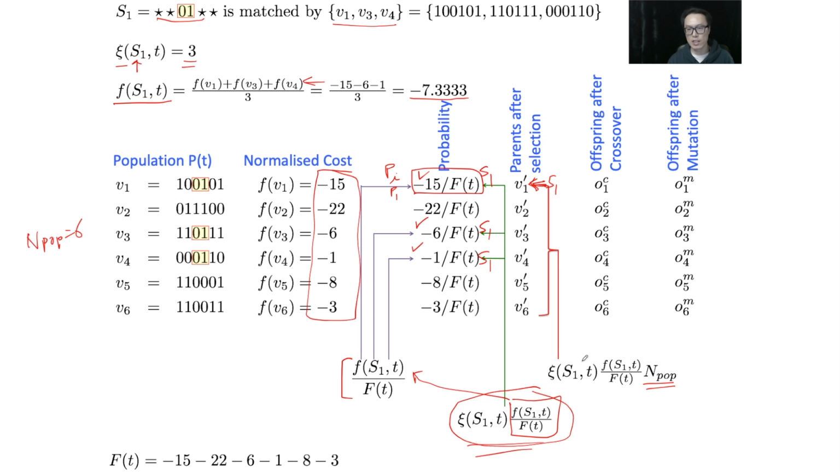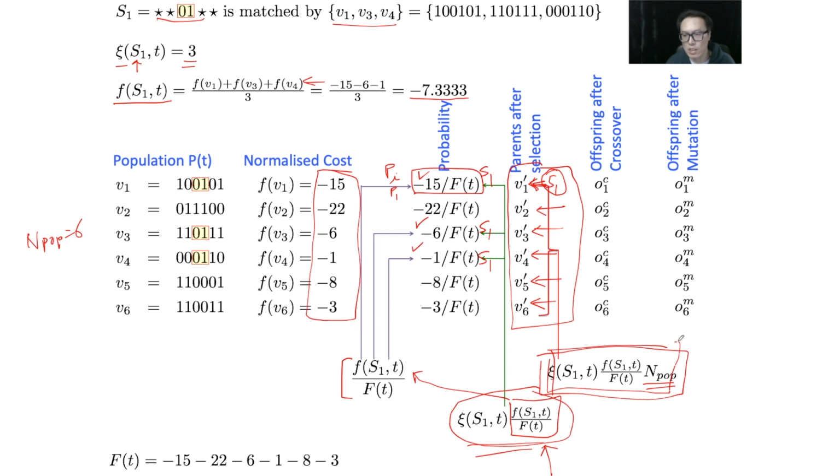The physical meaning is that in each parent, the probability that it is S1, because we have to draw 6 times to produce 6 chromosomes. So the meaning of this one is that in this new population here, the number of strings that match S1, that would be this number.